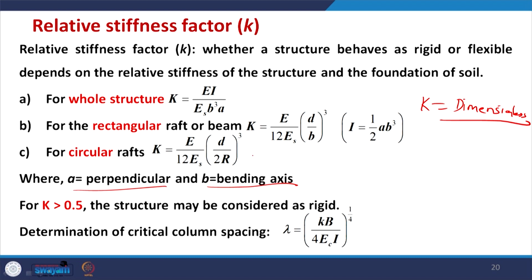Using this ratio you can find the value of K. For circular rafts, where R is the radius of the raft, it can be found using the relations given here.